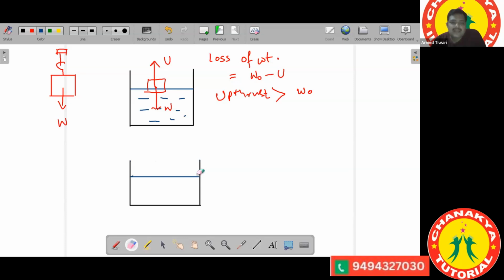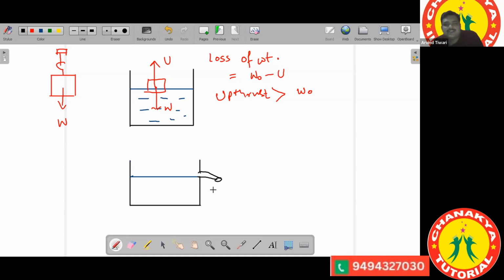Let's say the beaker has an overflow pipe over here, so that if the amount of water is greater than this, that water will flow out of the beaker, right?